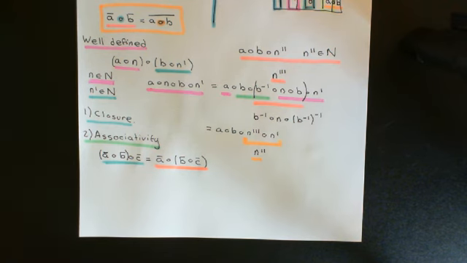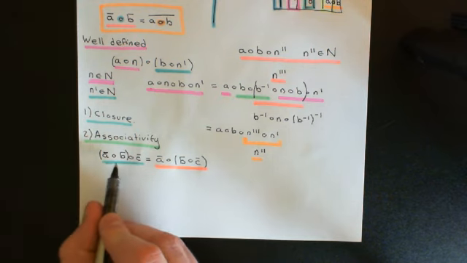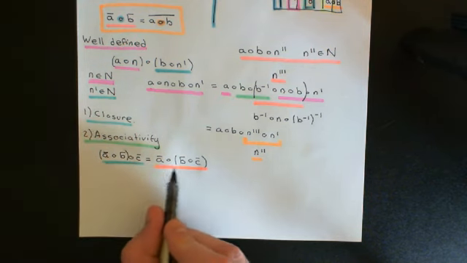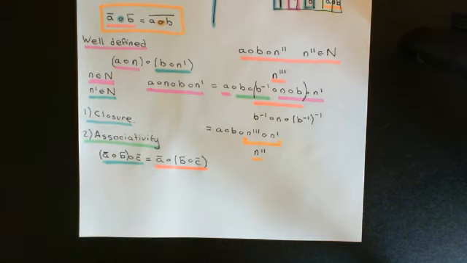Okay, so how are we going to show this? Well, quite simply, we're going to go back to our definition of composition and think about it. So we'll start off with the left-hand side here, we'll then go to the right-hand side, and then we'll see how it's always going to work out that these two are going to be equal to each other.